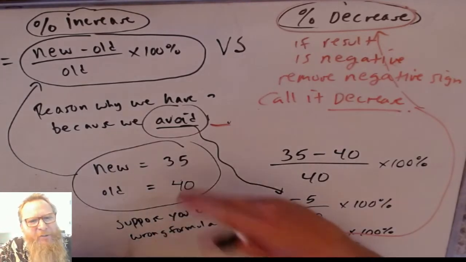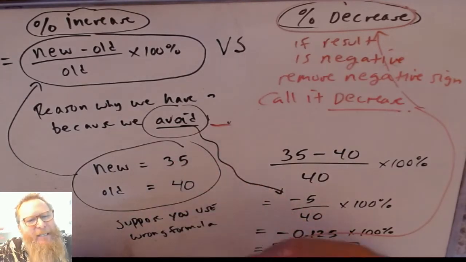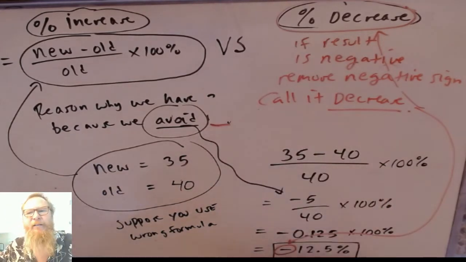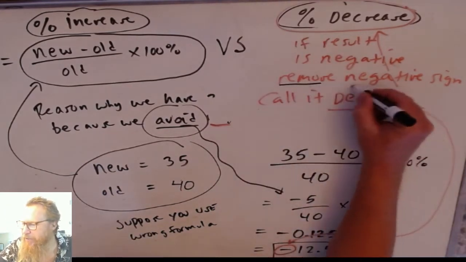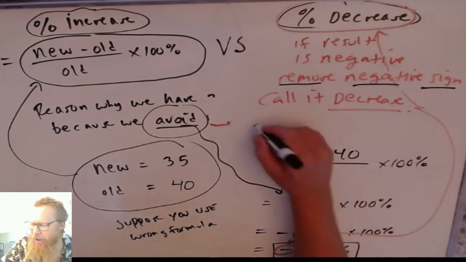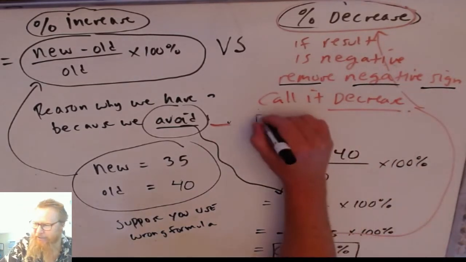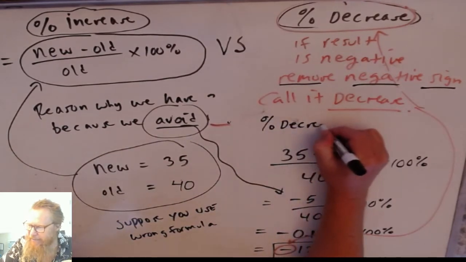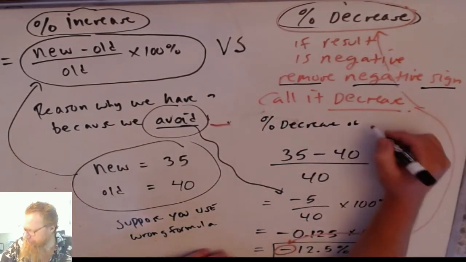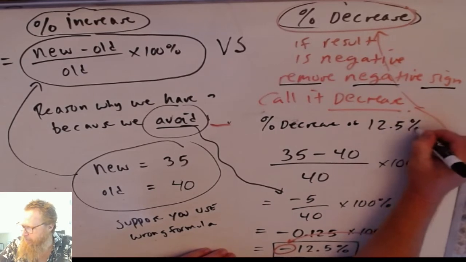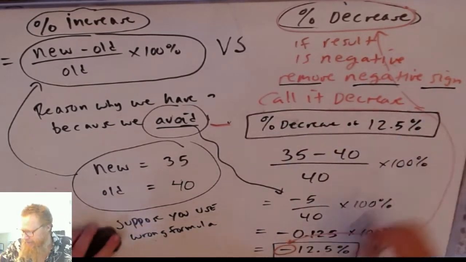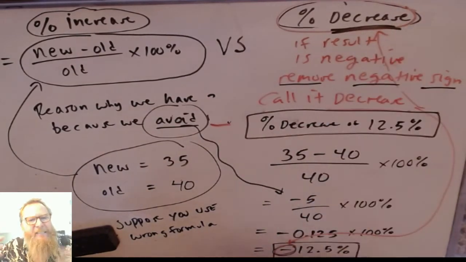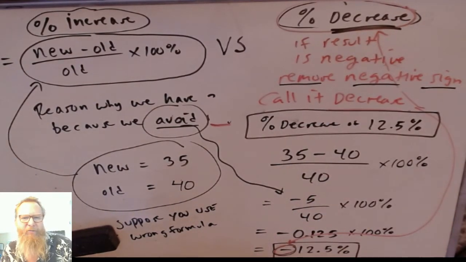What you do is you say percent decrease of 12.5%. So the negative sign is literally translating into the word decrease.